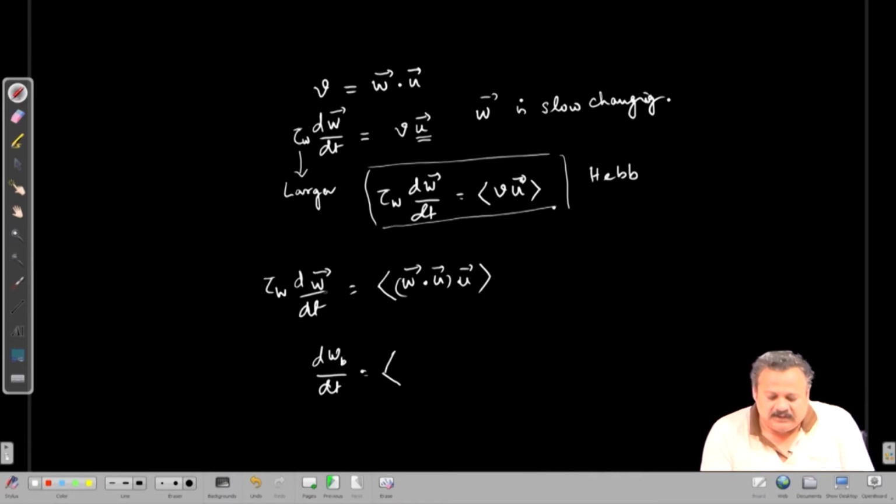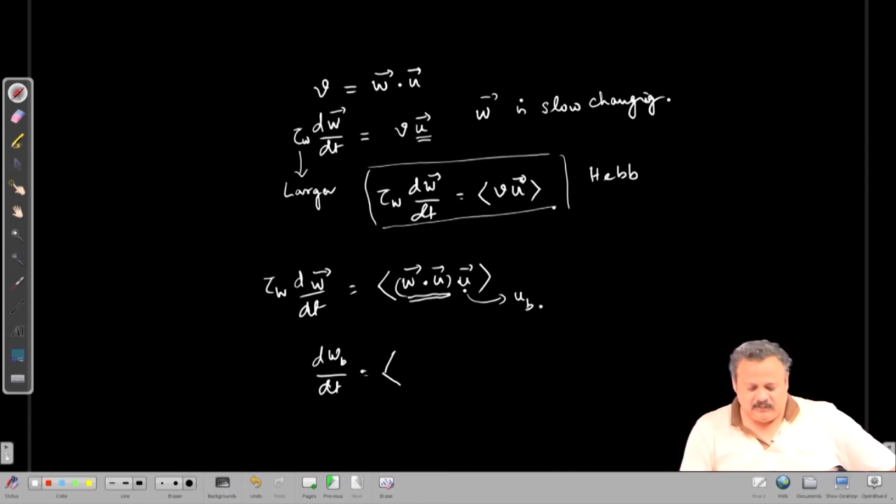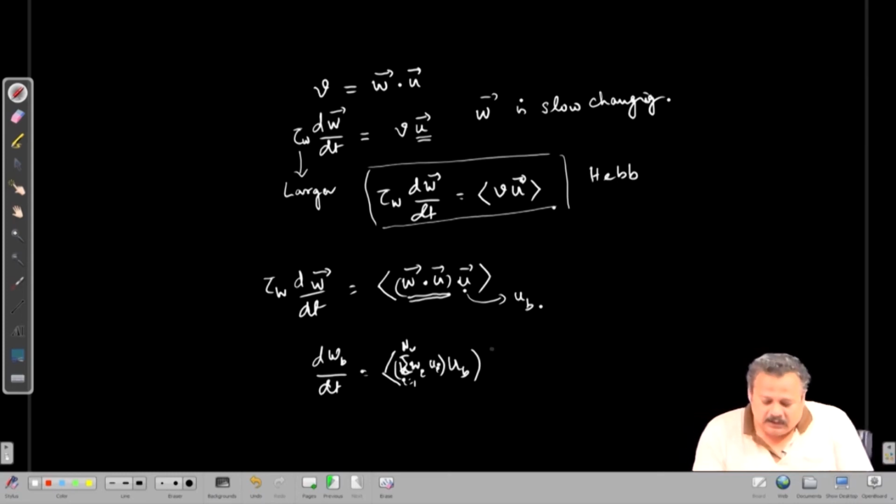this. When we are talking of this, this is a dot product, so it is a scalar. Here we only consider U_b, that is one particular input, and so here what we have is U_b times the summation of W_i U_i, i equals 1 to N_U, and we are averaging this.